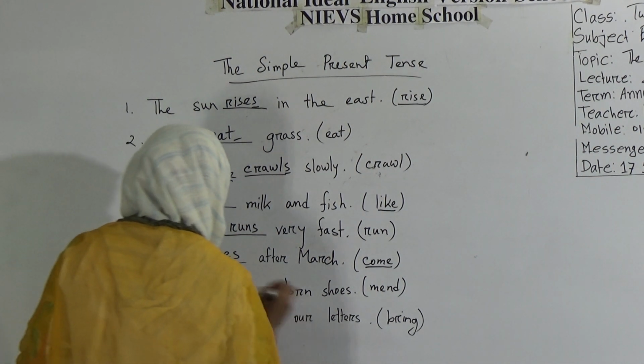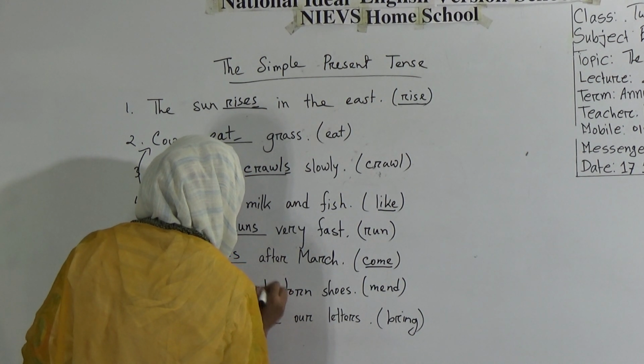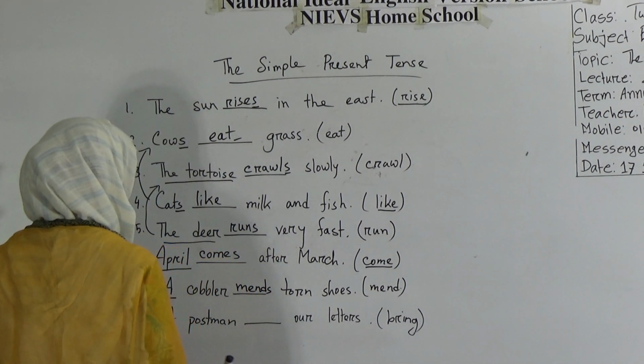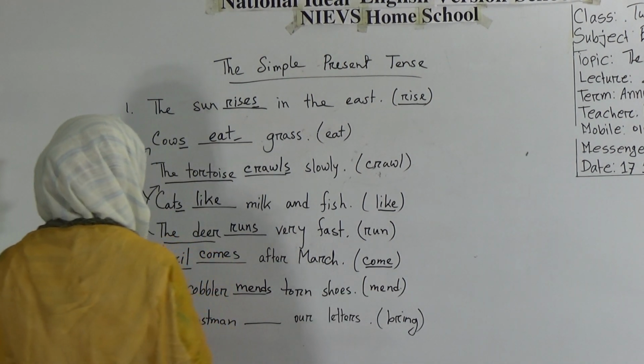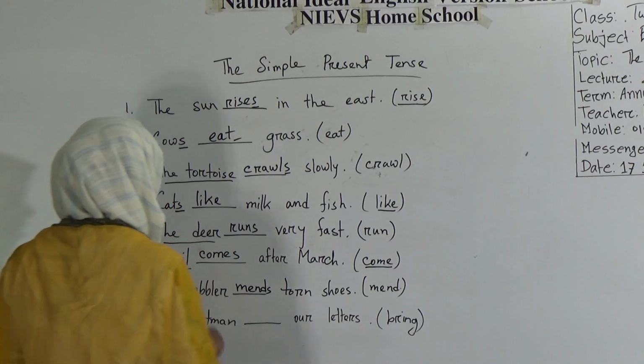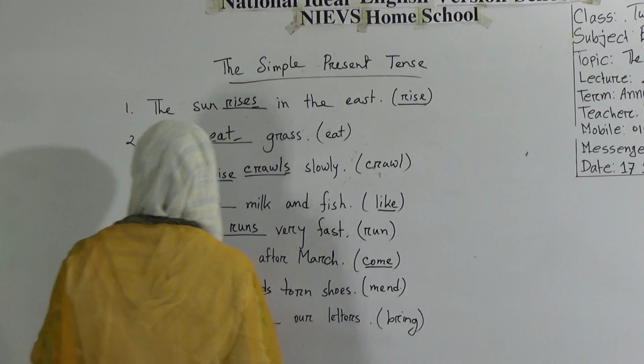So from the rules you can say it will be mends. We will add s or es after the action word in the simple present tense. When we get the subject in singular form, our sentence will be, a cobbler mends torn shoes.